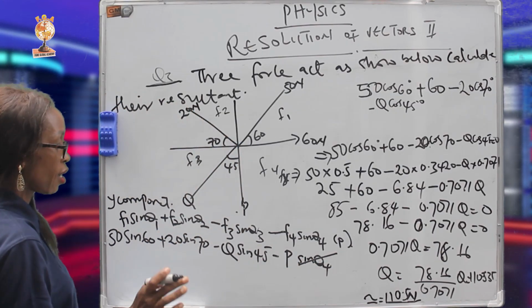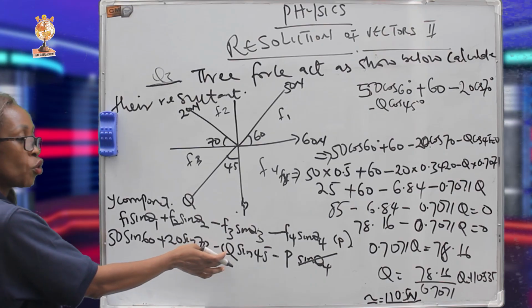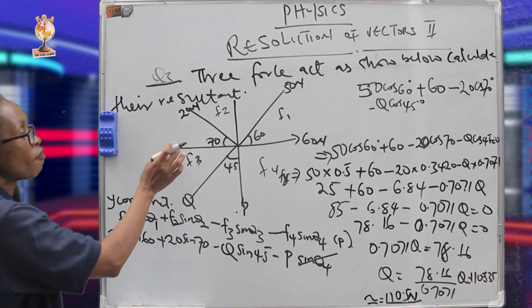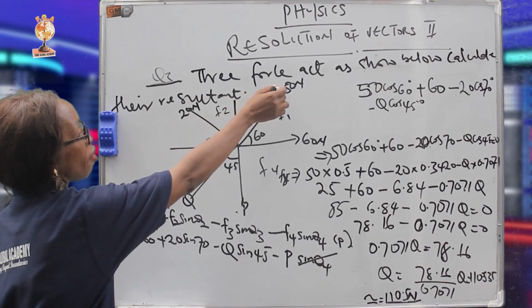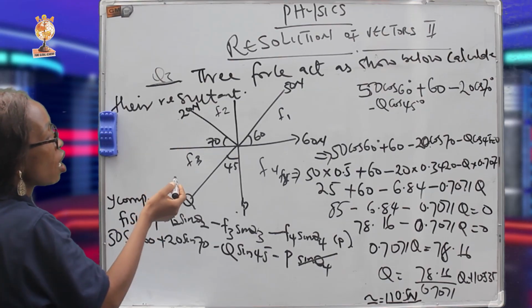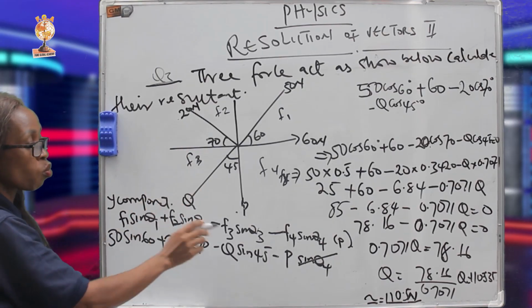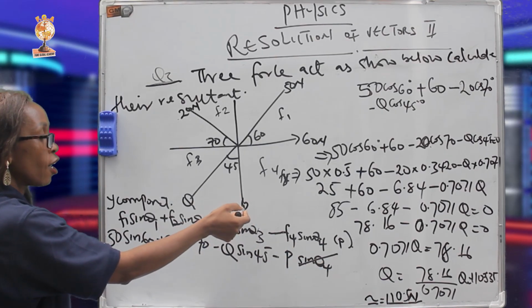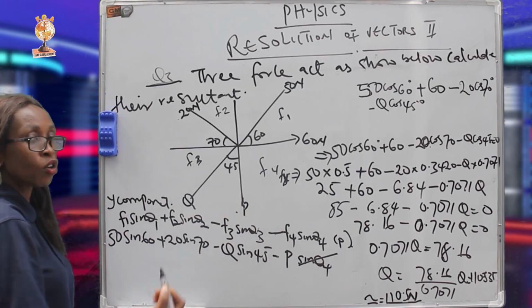Remember, we have known what the value of Q is. We're looking for the value of P now. We have known the force F1 here, which is 50. We have known the force of F2, which is 20. The force of F3 is unknown, but we have gotten that before at 110.5. The force of coordinate 4 is still unknown too.